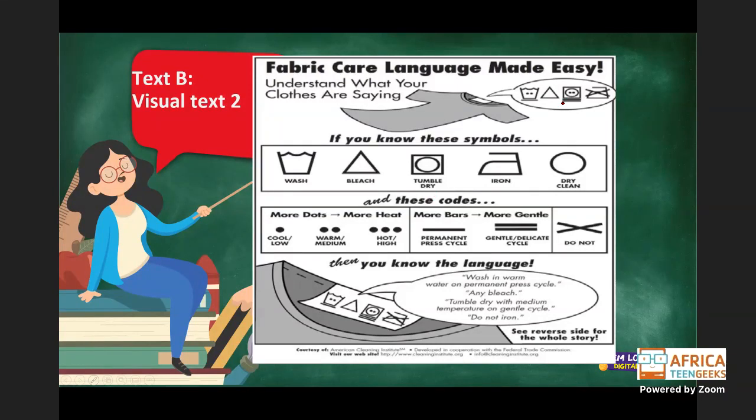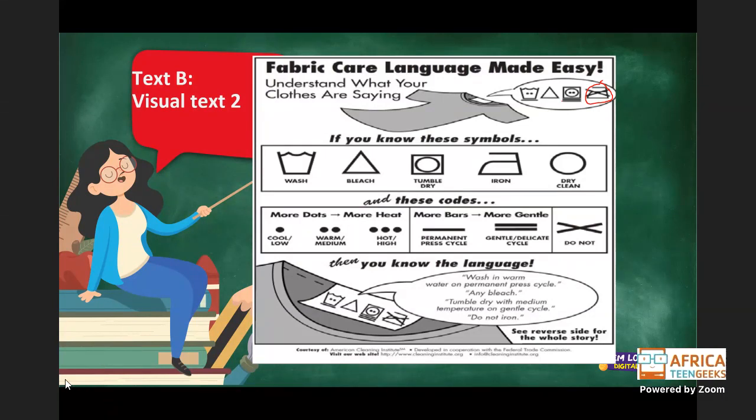Why is there a cross there? Exactly. Do not iron. That is exactly what it requires you to not do.